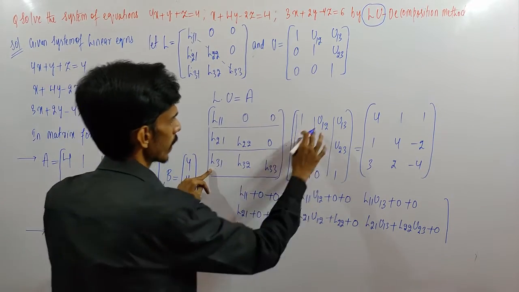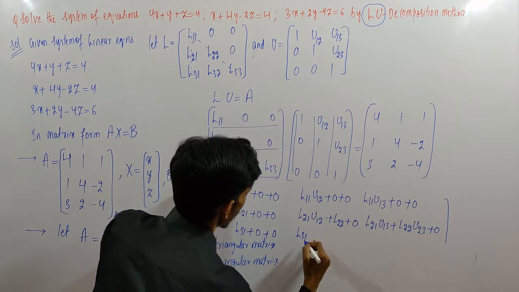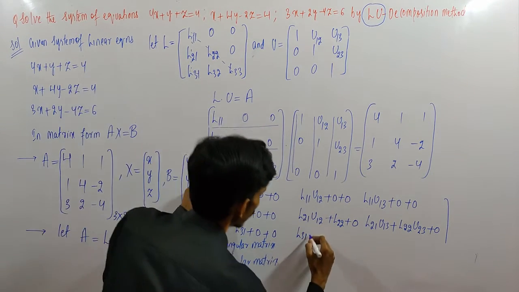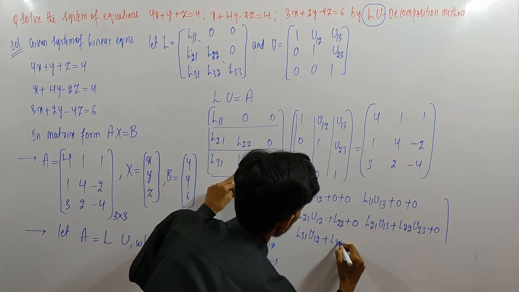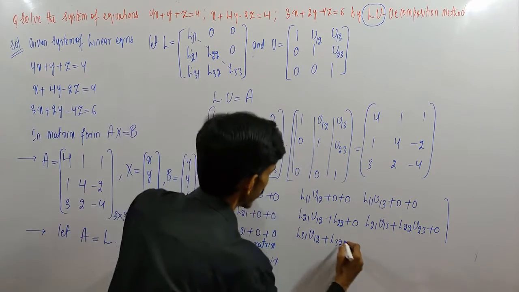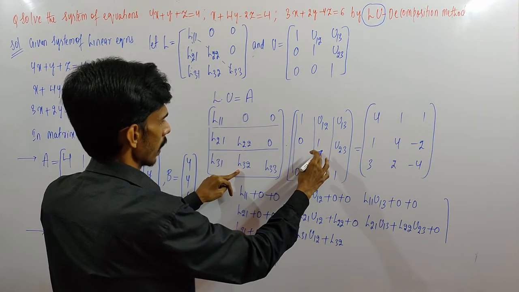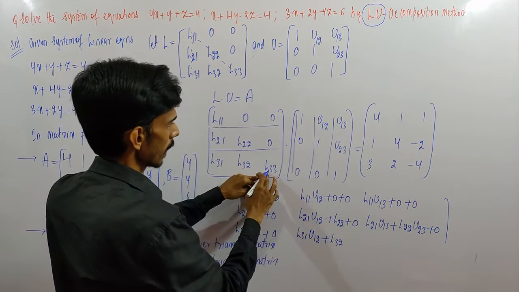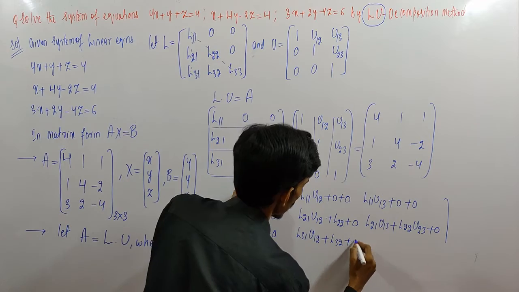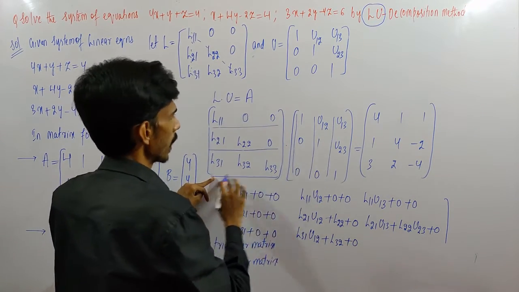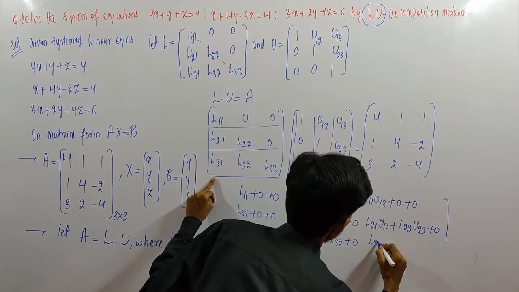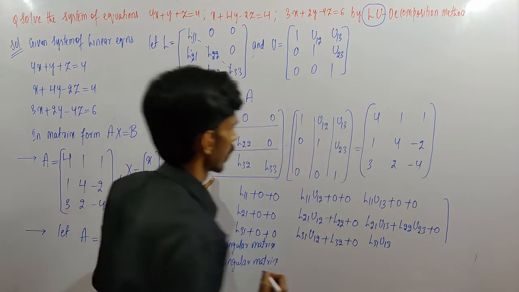Next L31 into U12 plus L32 into 1 is L32, and L33 into 0 is 0. So we have next third row, third column, L31 U13.